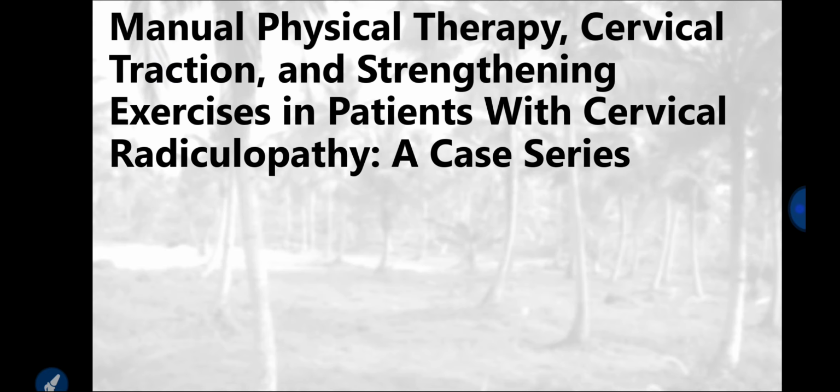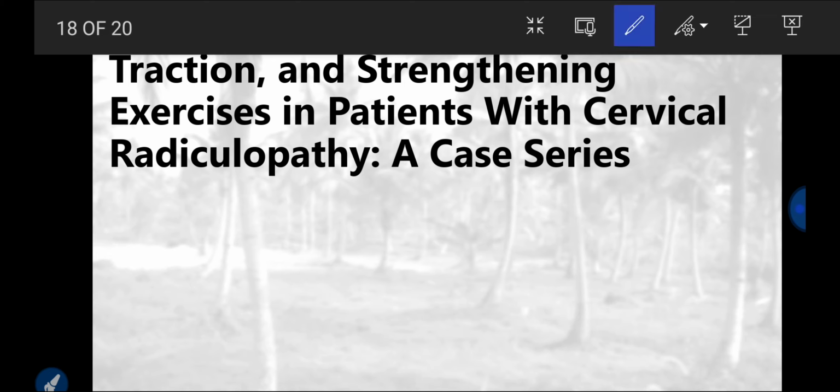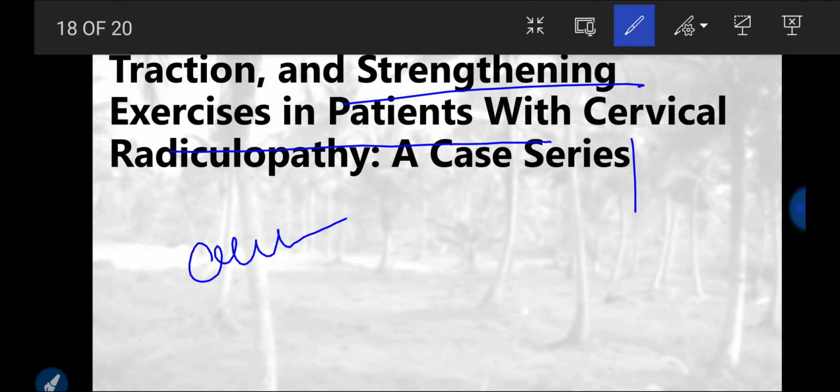So manual physical therapy, one case series also: cervical traction and strengthening exercise in patients with cervical radiculopathy. So in this case series they gave cervical traction and strengthening exercise to the patients.